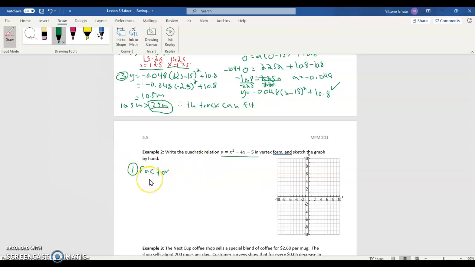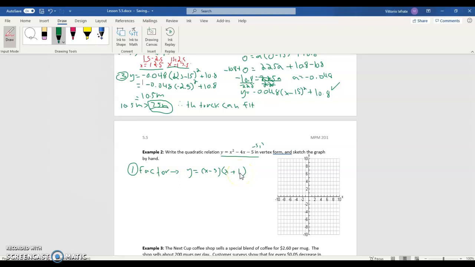So if we were to factor this, we would get y is equal to, open those brackets, x, what times what gives you negative 5, when you add it up gives you negative 4. Let's do negative 5 and 1. (x - 5)(x + 1).